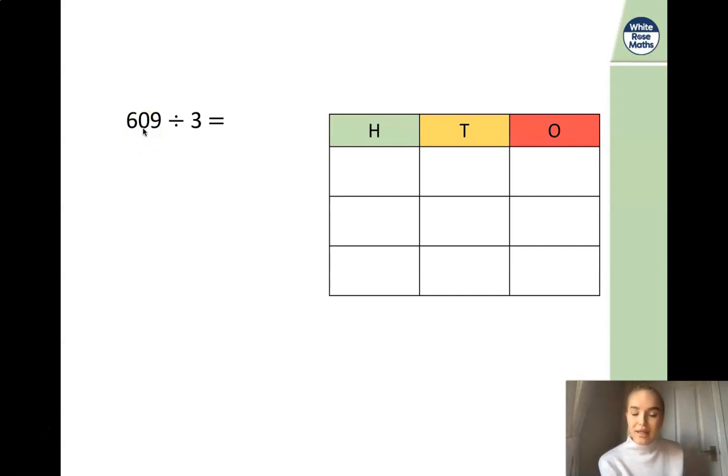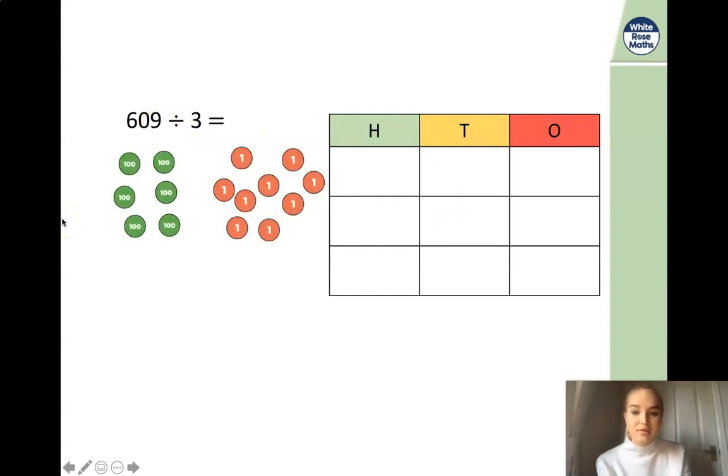But does it mean that the tens don't exist and that we are going to just skip them in our place value chart? So we're just going to cover this up and just have my hundreds and ones? No, we still need to recognise that there are tens, but there are just no tens there. And then we can see we have 9 ones. So I have made the number 609 with place value counters.